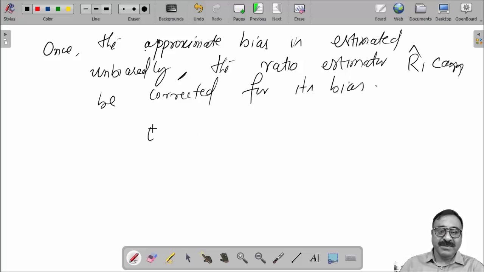So expectation of R1 cap equal to R plus B1.